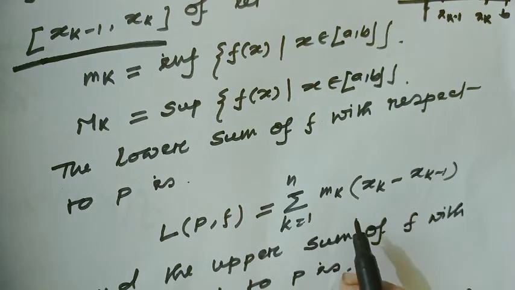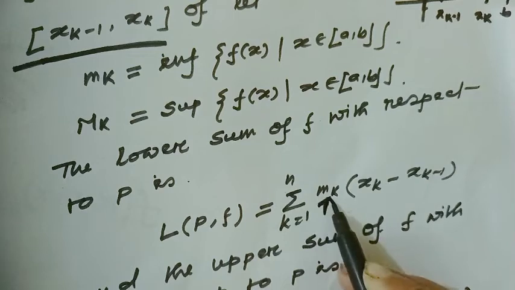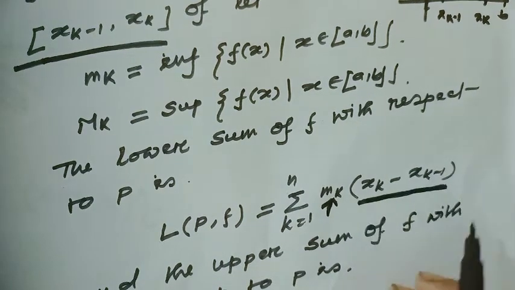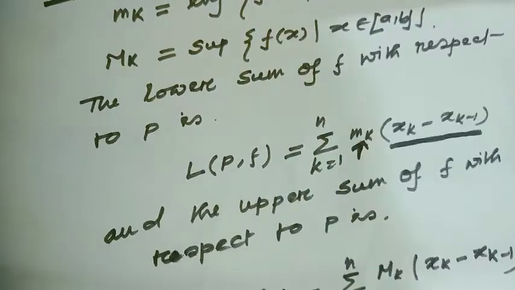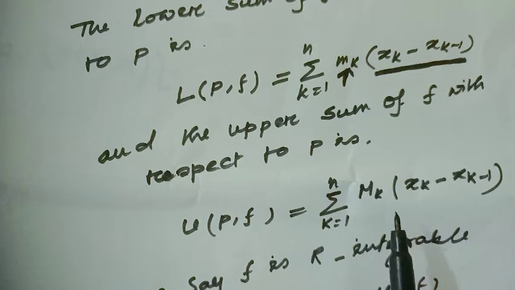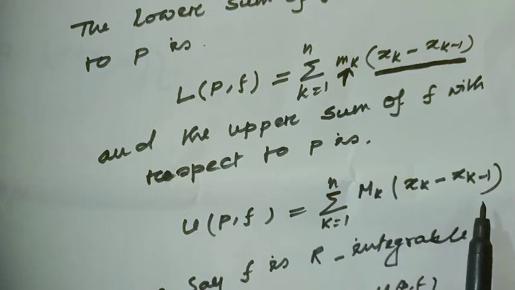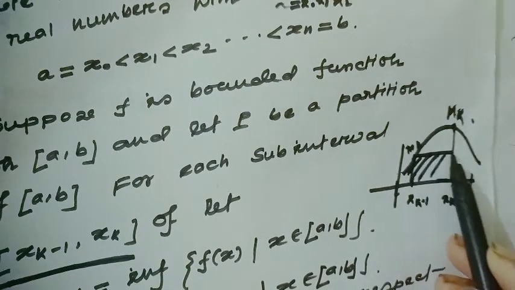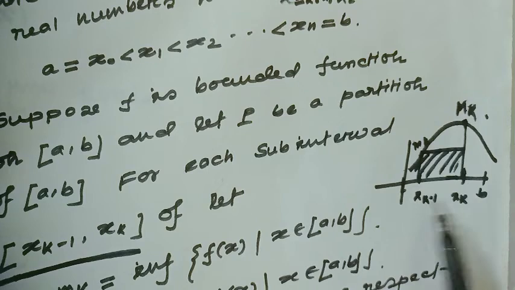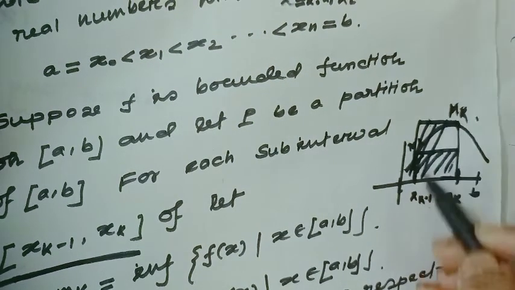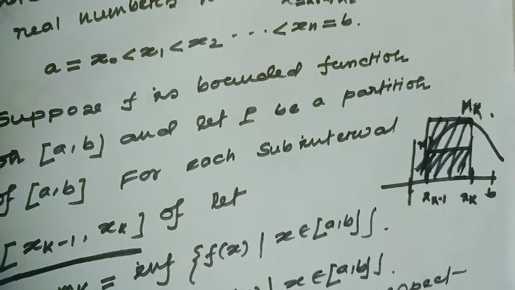That means this is the height of the rectangle and this part is the width of the rectangle, and U(P,f) is the summation k equal to 1 to n of capital Mk times (x_k minus x_{k-1}). Just see the picture. This rectangle is the lower sum in this subinterval, and this rectangle is the upper sum of this subinterval.